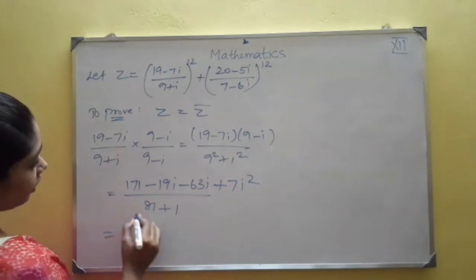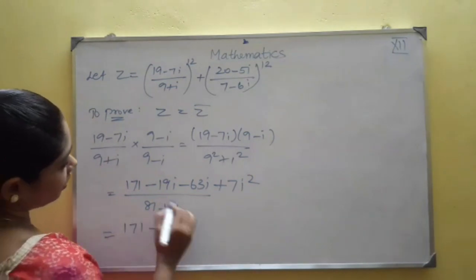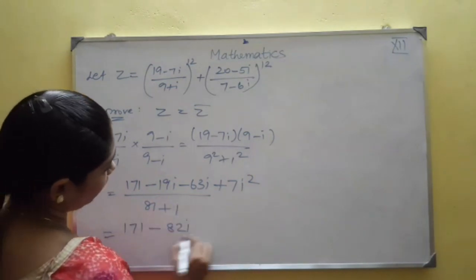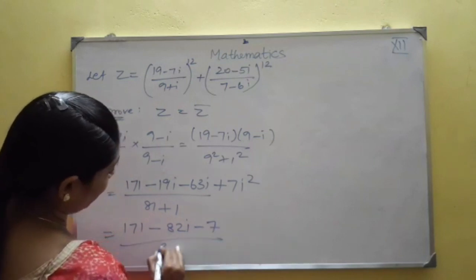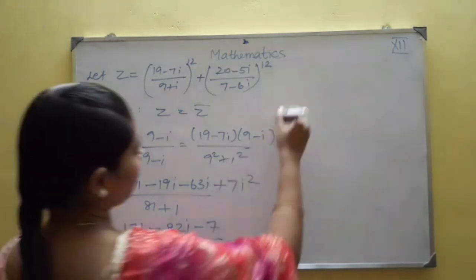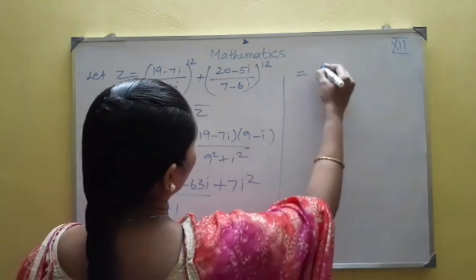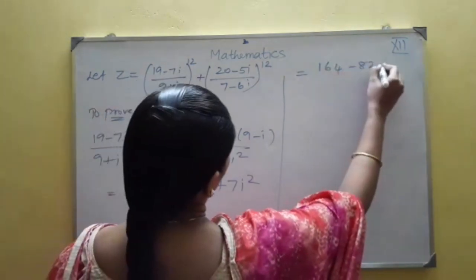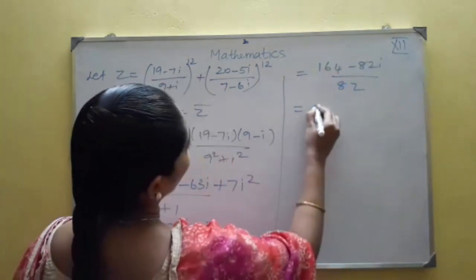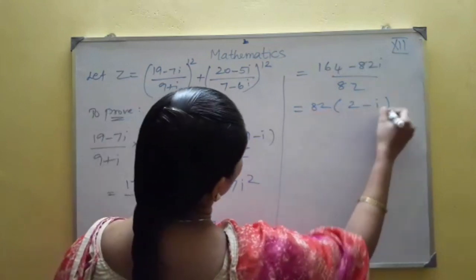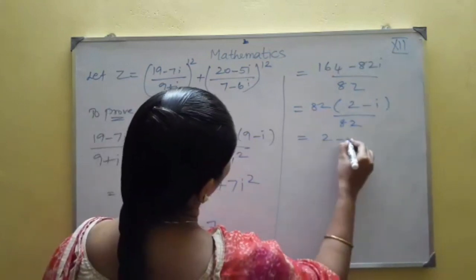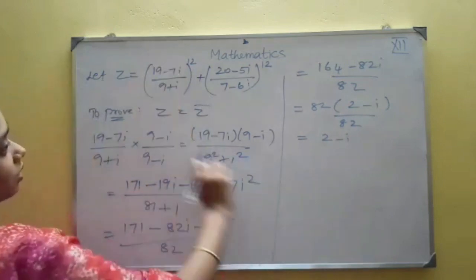So here I will get 171 minus 82i minus 7, whole divided by 82. Now 171 minus 7 gives me 164 minus 82i divided by 82. If you take 82 as common, you will get 2 minus i. So I will get 2 minus i for the first part.